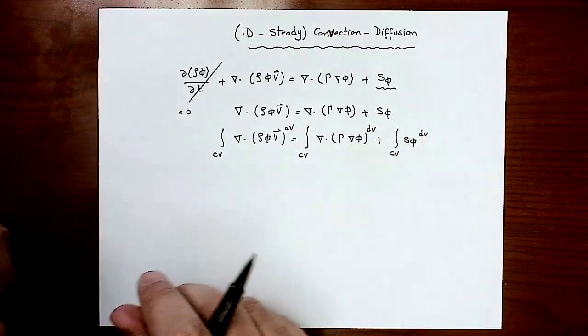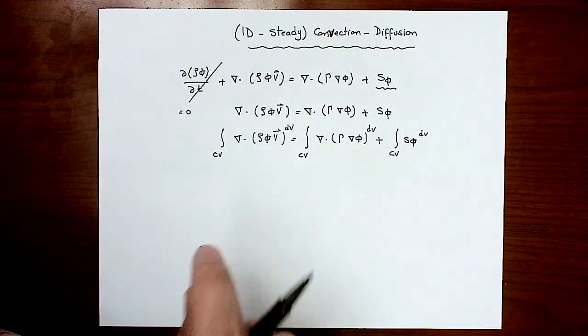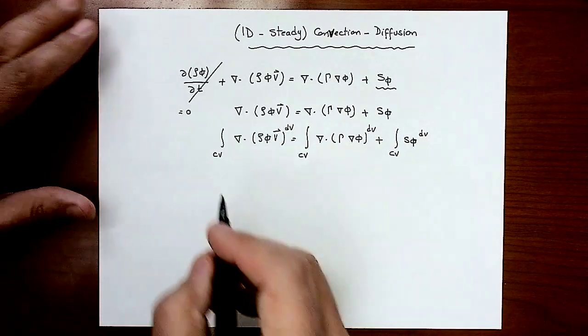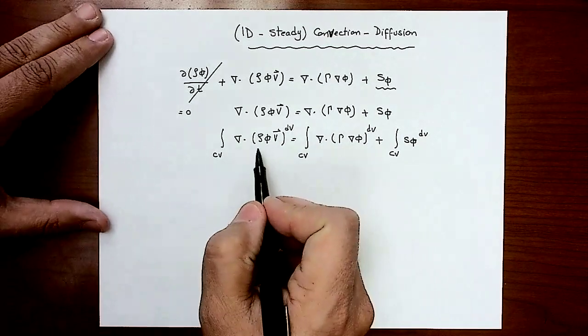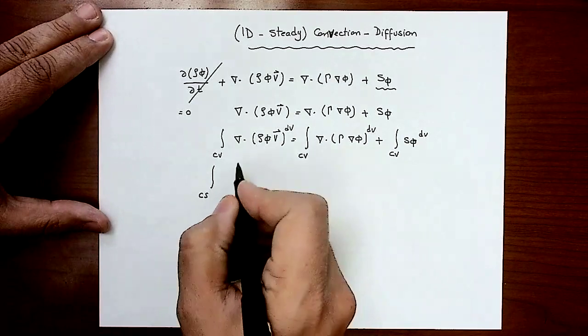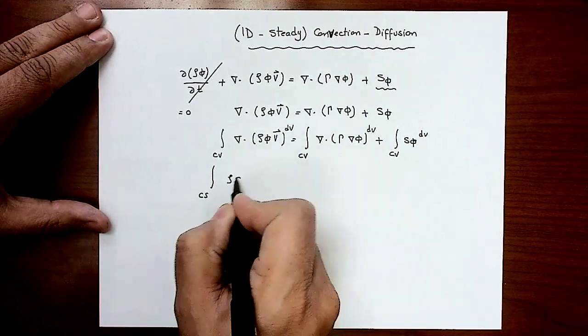Then we use the divergence theorem to convert each integration over the control volume to integration over the control surface by replacing this by the flux. So that's integration over the control surface of rho phi.